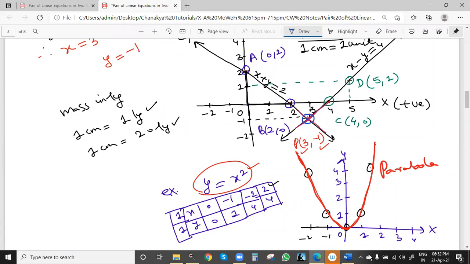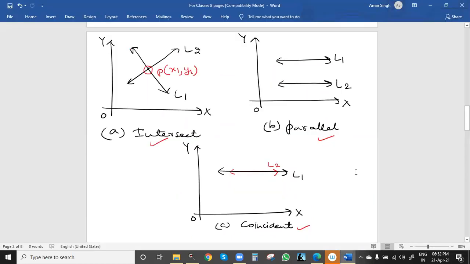Similarly, here also intersecting point P will be the solution point. So the nature of the solution will be a unique solution. Unique means one solution, because this is the only one solution.